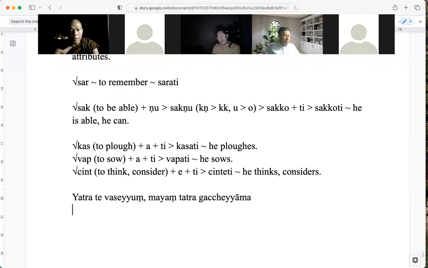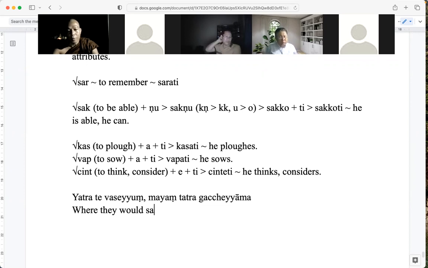Okay. So yadra de waseyo. Yadra means where, right? They mean they. Okay. Waseyo, so would stay or would live. And then mayan, we, right? Datara means there. And then gachiyama, so we should go.